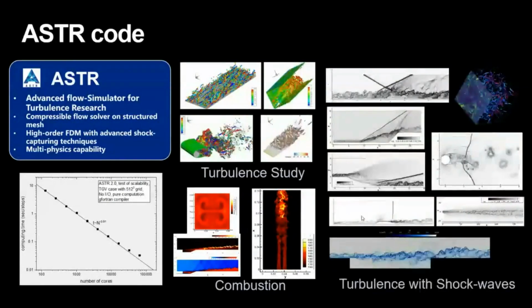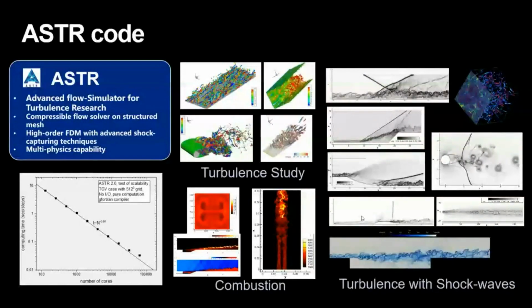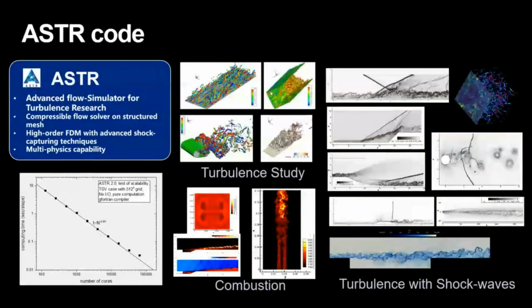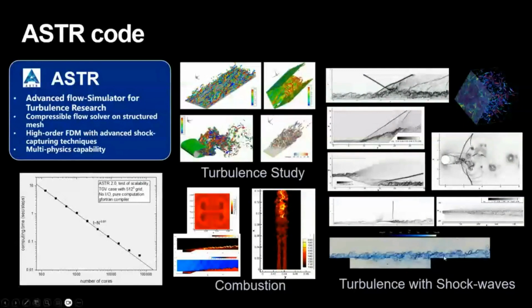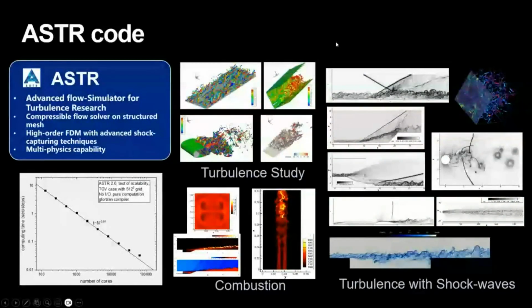Mostly it has been used for high-speed flow with shock waves, such as different types of shock wave boundary layer interaction, strongly compressible turbulence, and supersonic cavity flow. So with this solver, we are able to study high-speed flow with combustion.